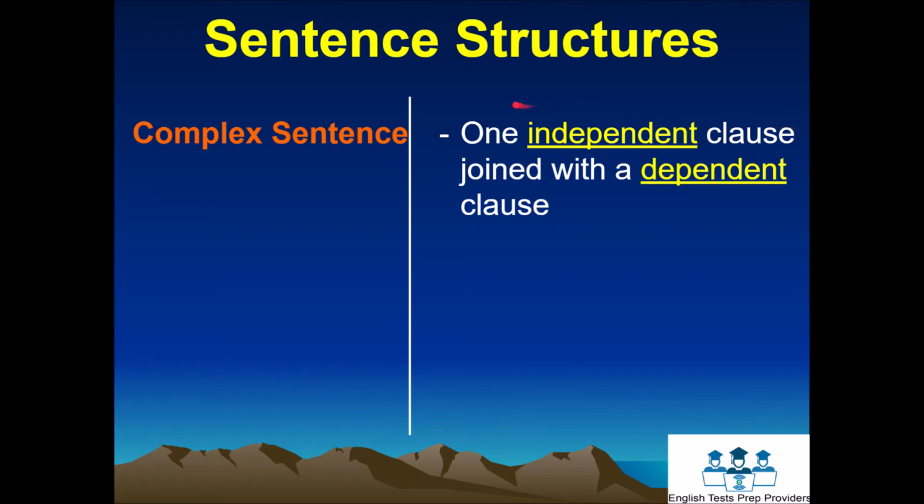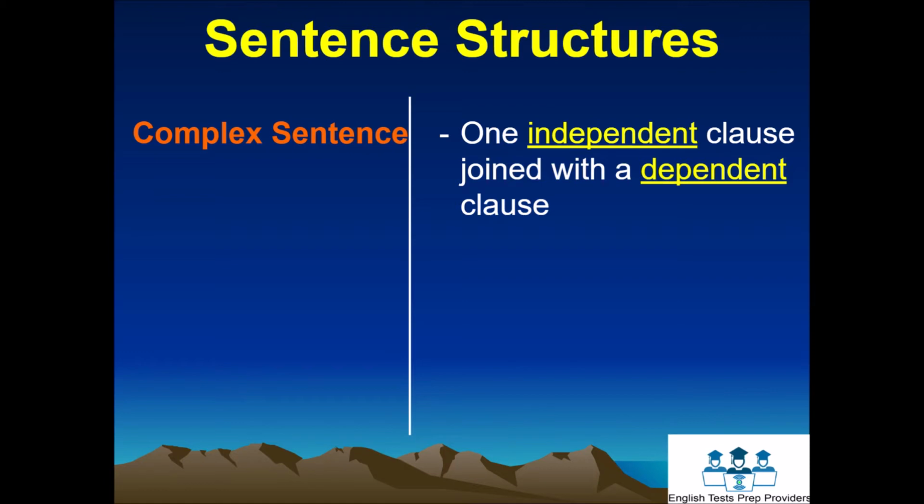So, another feature of complex sentence, it does not only contain a complete sentence, but rather it is also joined with a dependent clause. So what is the difference between dependent clause to the independent clause? Independent clause, just like what I've mentioned earlier, is a complete sentence.